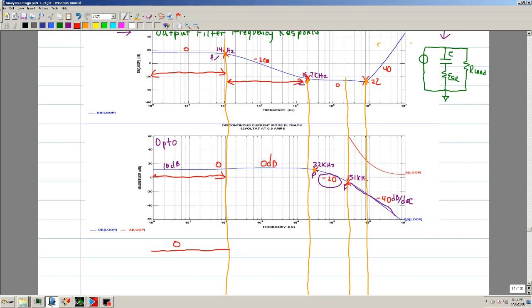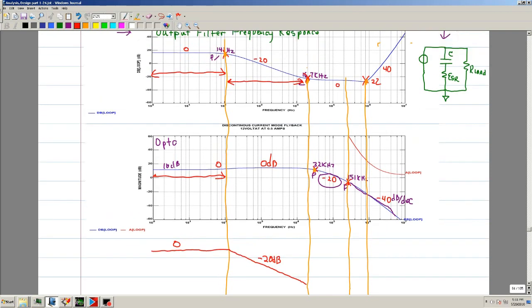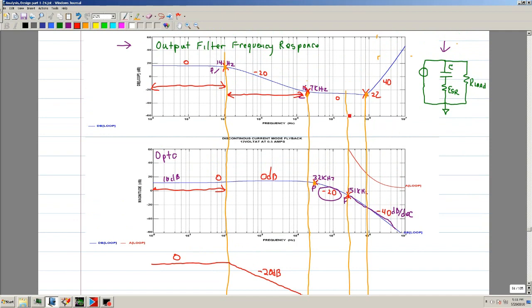So a negative 20 plus a 0 equals a negative 20. So then you draw a slope. And then this is negative 20 dB slope.